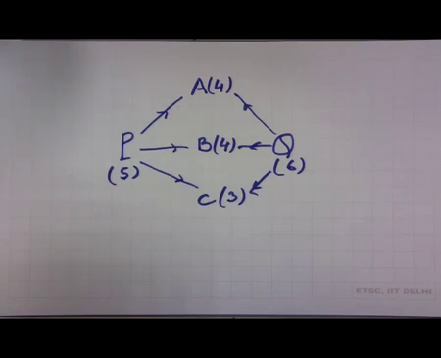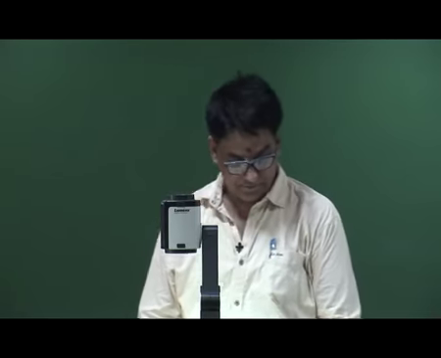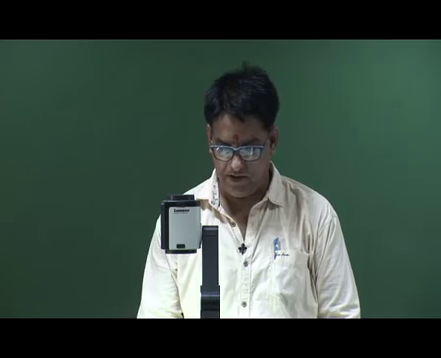The transportation cost from P to A is given, from P to B is given, from P to C is given, from Q to A, from Q to B, from Q to C. So what will be the quantity that will be sent from P to A, P to B, P to C, similarly from Q to A, Q to B, Q to C, so that the transportation cost will be minimum? So we have many such types of problems. Before going to discuss these problems, we have to discuss in details about LPP, meaning linear programming problem.